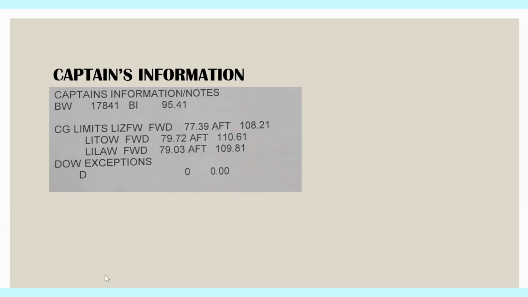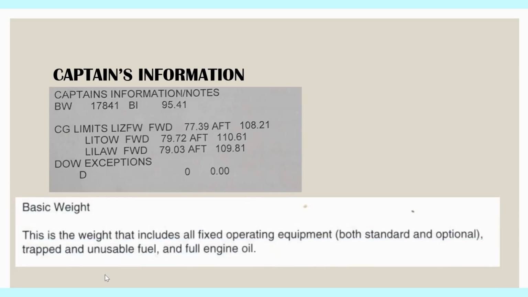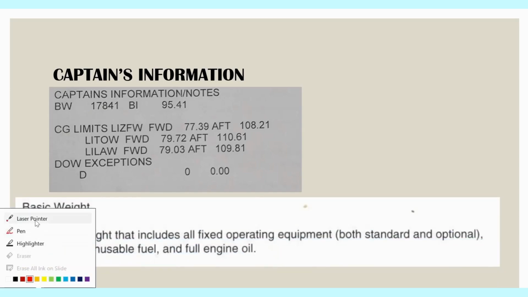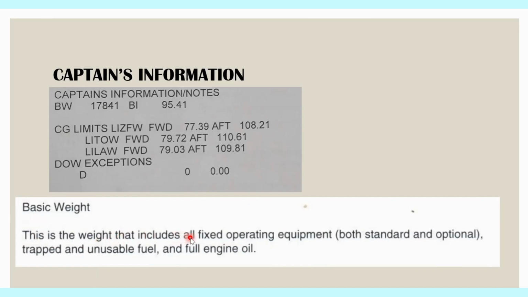It says that this is the weight that includes all fixed operating equipment, engines and levers, switches, and the like, both standard and optional. Optional can be, for example, the FMS. Some aircraft have FMS, some don't. Some aircraft have APU, some don't.